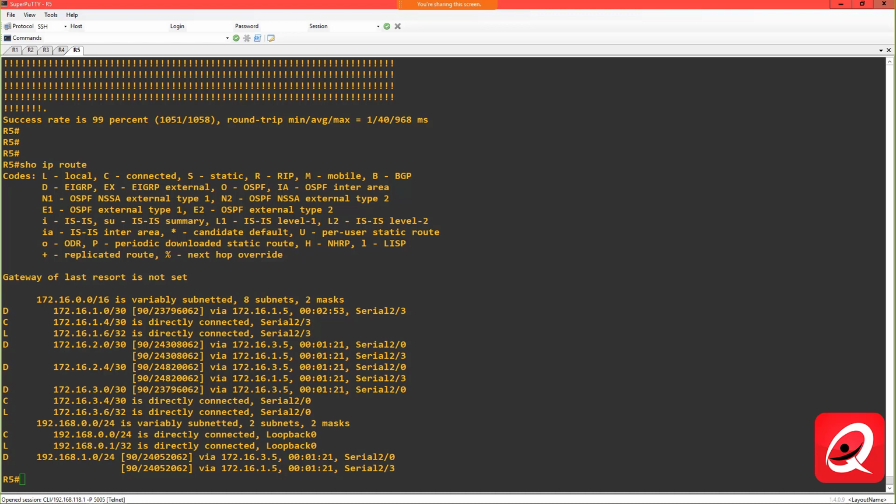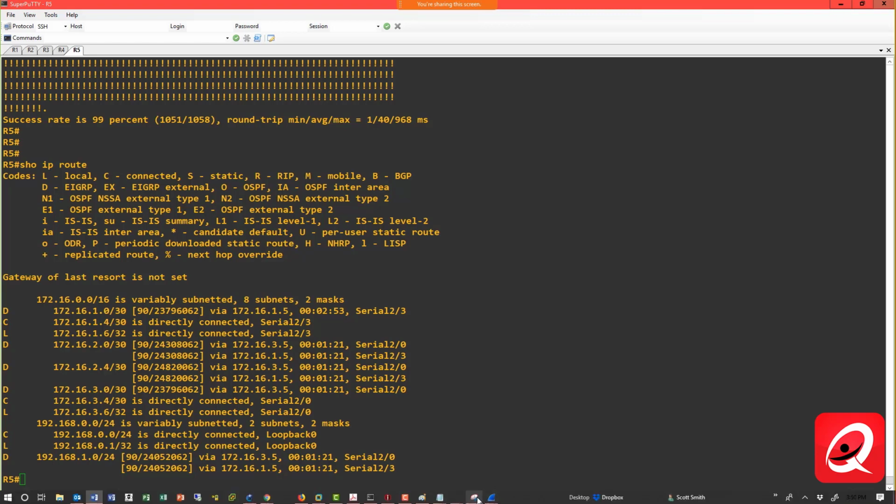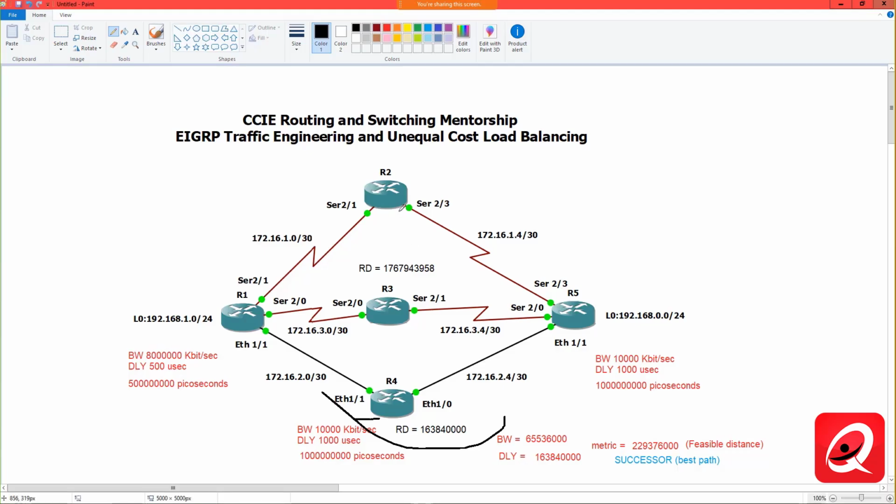And so what I want to go ahead and do is apply our BFD configurations to all 3 of these routers here and this router here for these links that are in between, and see if that allows us to achieve faster convergence. Now, I will put a little caveat on this discussion.